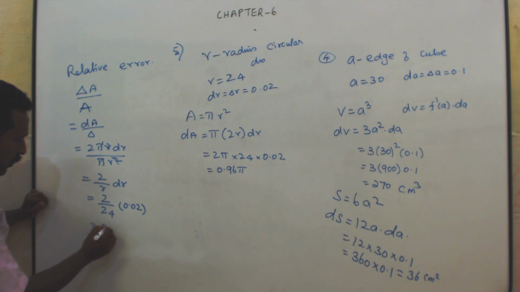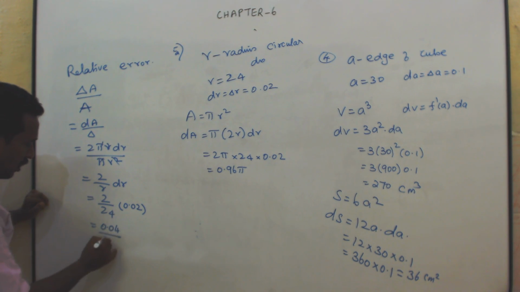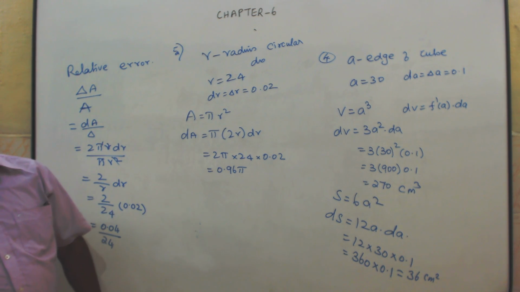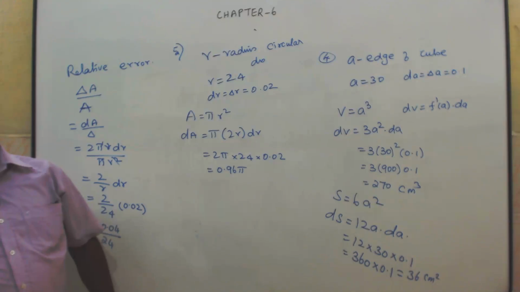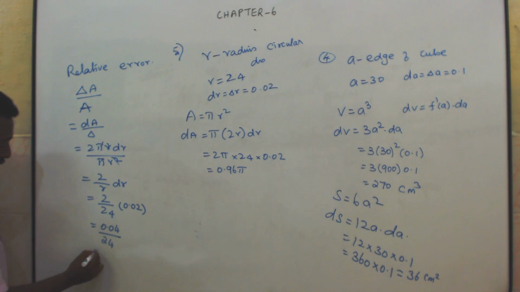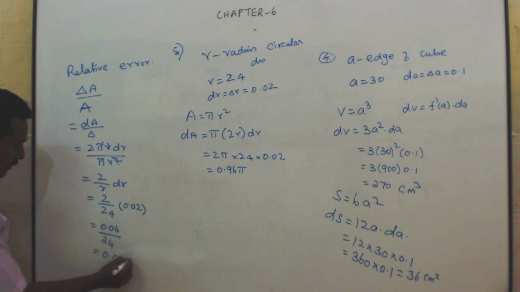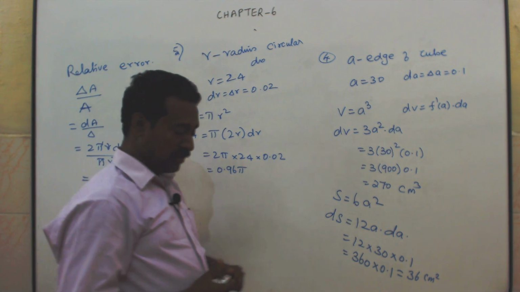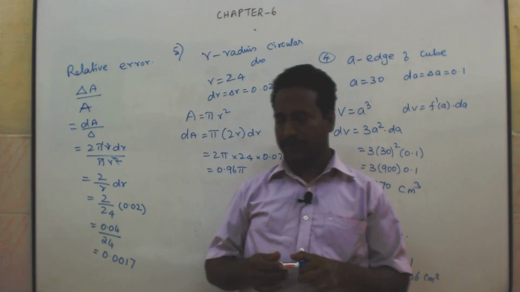That is 0.04 divided by 24. Simplify, you will get the result, that is 0.0017. You divide, you will get that value, 0.0017.